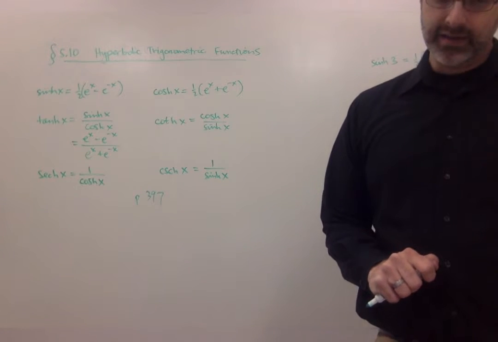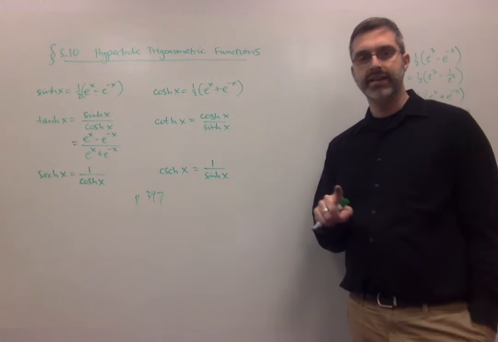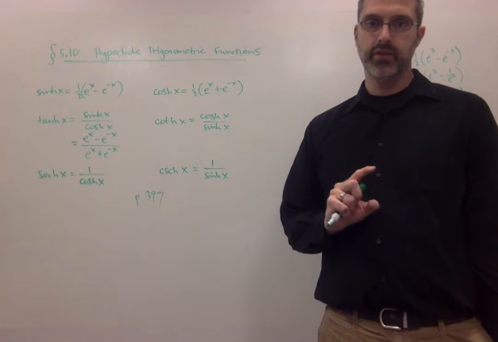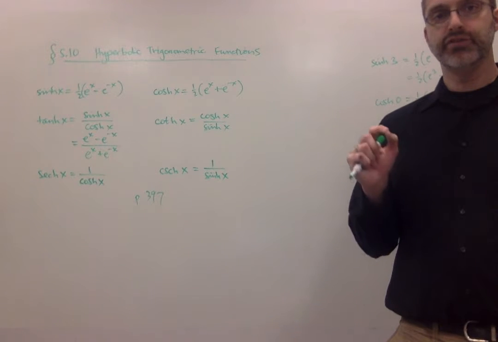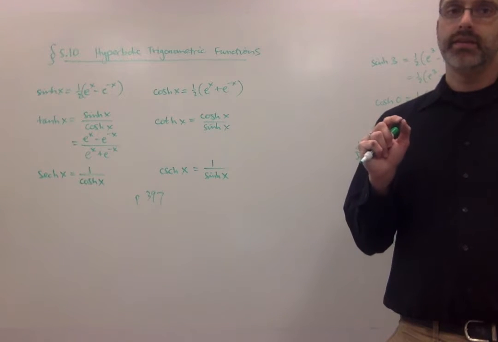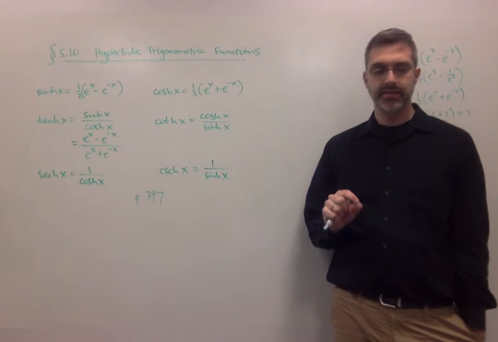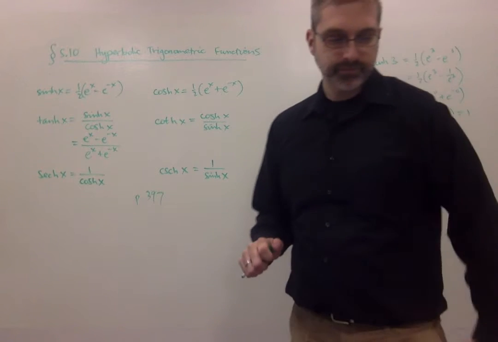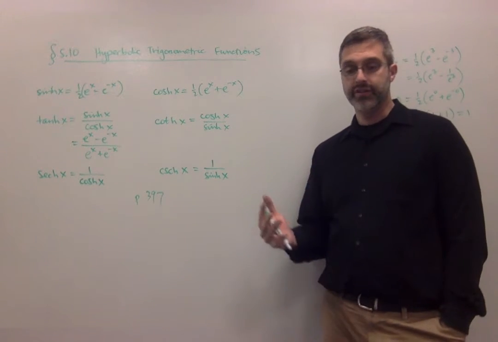What you should see in that box are identities that remind you a lot of the trig identities that you've seen before. And this is one of the motivations behind us calling these trig functions. They obey identities that are very similar to the identities that you end up seeing among the trig functions.